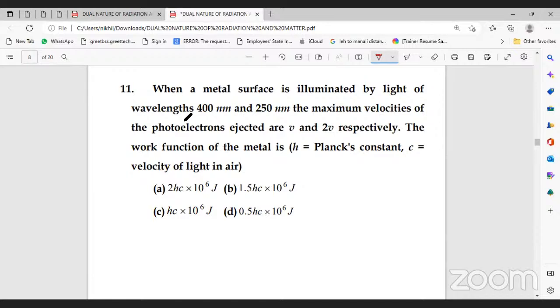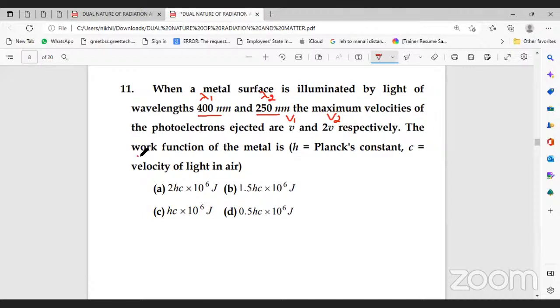A metal is illuminated by two wavelengths. The first wavelength is lambda 1, the second is lambda 2. One is 400 nanometer, the next one is 250 nanometer. The maximum velocities we got are V and 2V.